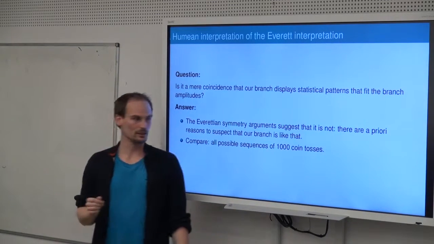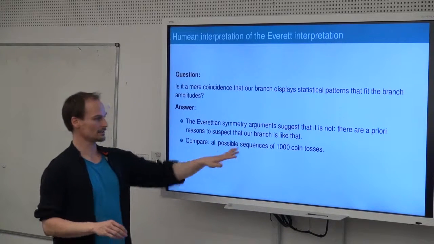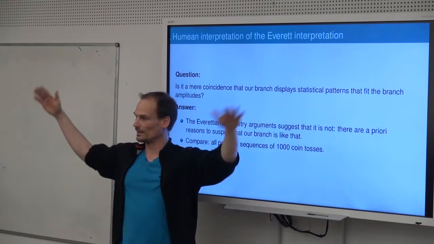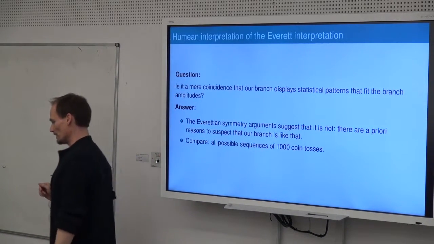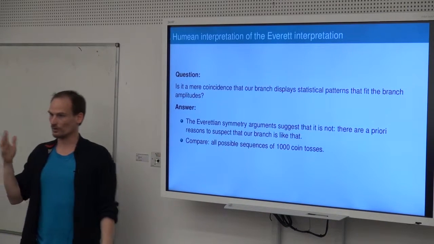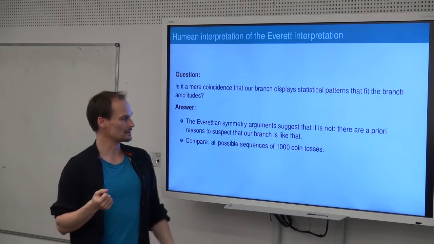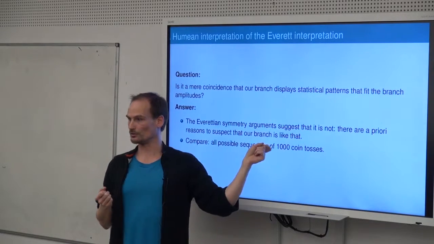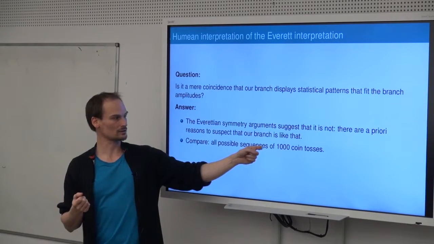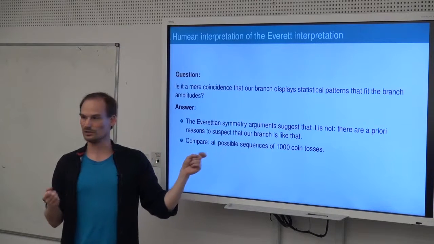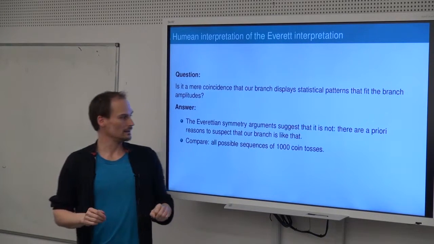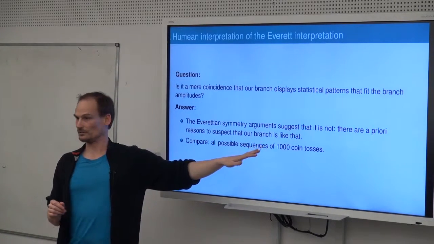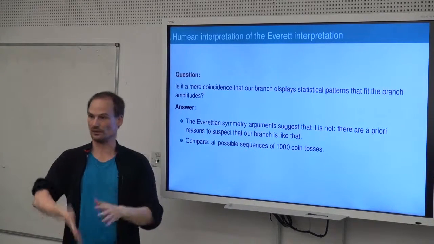And so if you think of the branches as something like all these possible outcomes of 1,000 coin tosses, then you can see why, on independent grounds of rationality, if all you knew was that you were in one of those worlds, it would be rational to assume that the relative frequency in our little world is roughly half, and that it is a very disorderly sequence.